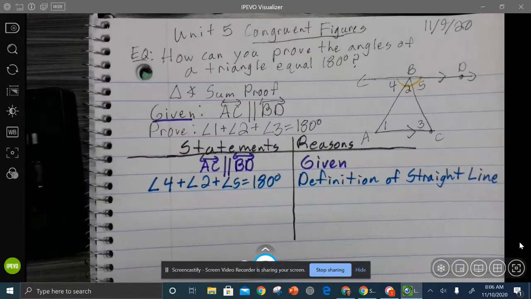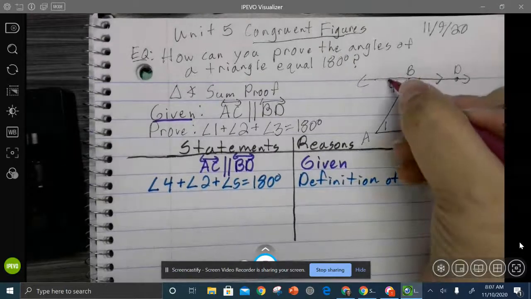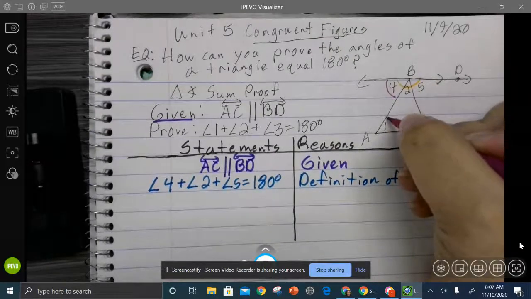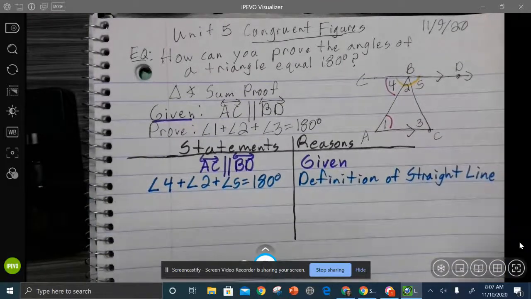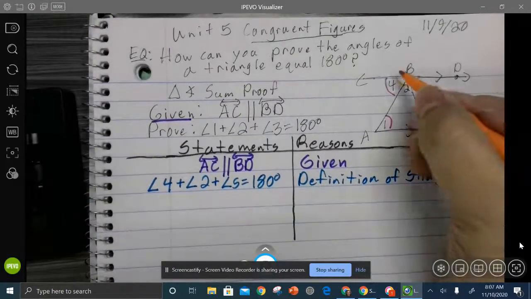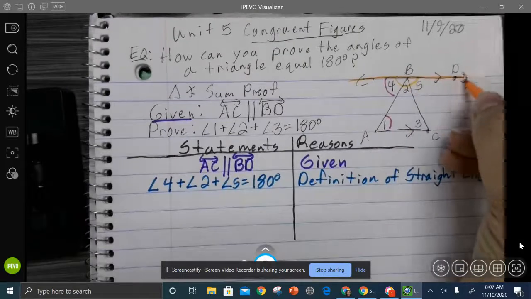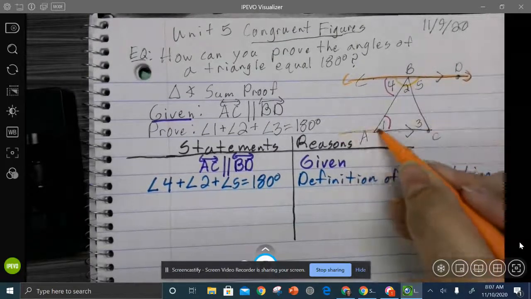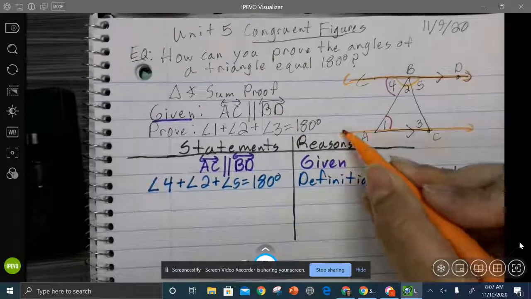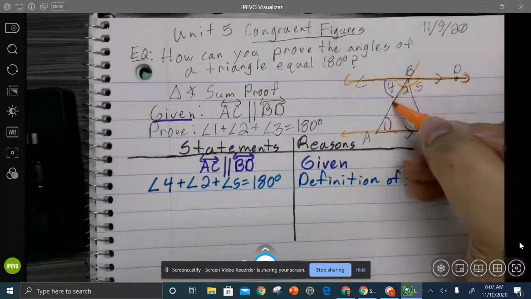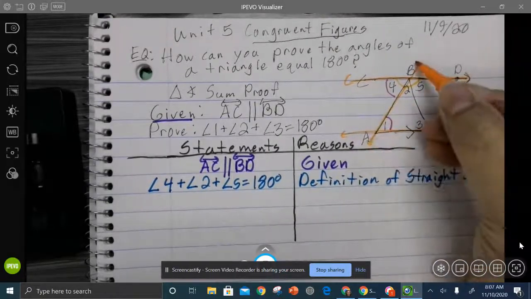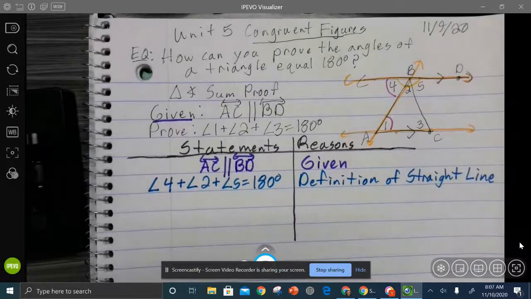Okay, and then we also have that angle 4 and angle 1 are congruent to each other. So if you see, they're in between this parallel line and the parallel side, and they're on opposite sides of that transversal AB.